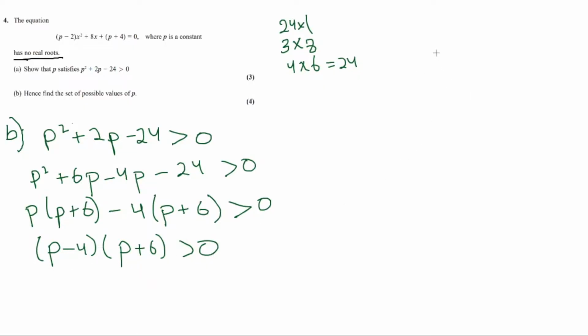Critical values: if I sketch a graph for you, we've got a value at 6 and a value at negative 4. These are the values where this graph crosses the x-axis.